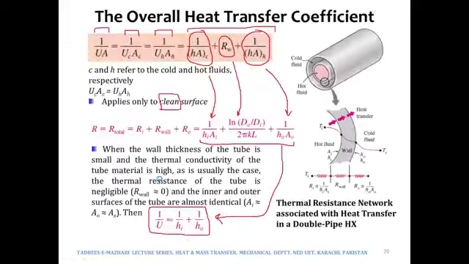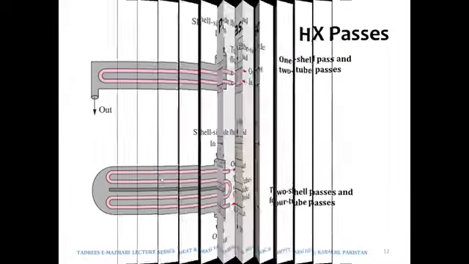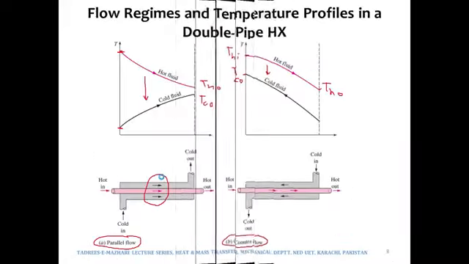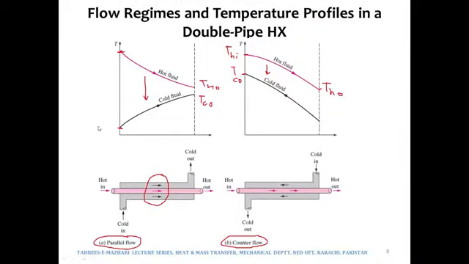If I can go back, I will show you that picture again. This is what we were discussing. Yes, this one. So the temperature difference between the hot and the cold fluids would be maximum at the inlet, and the temperature difference between the 2 fluids will keep on decreasing, and it will be minimum at the exit.